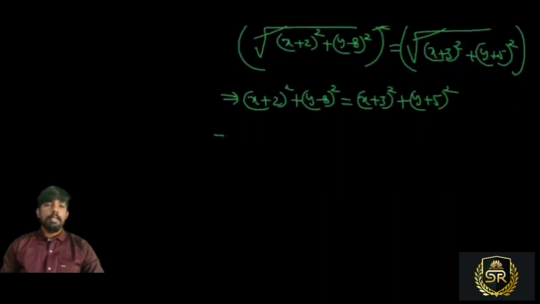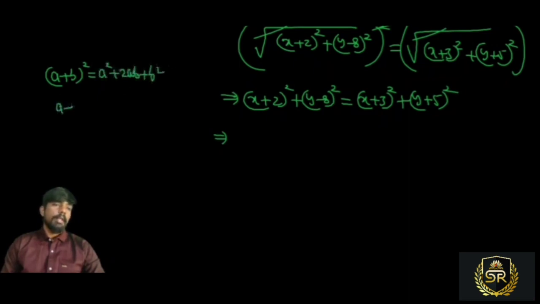So from here, (a plus b) whole square formula is a square plus 2ab plus b square. (a minus b) whole square formula is a square minus 2ab plus b square.